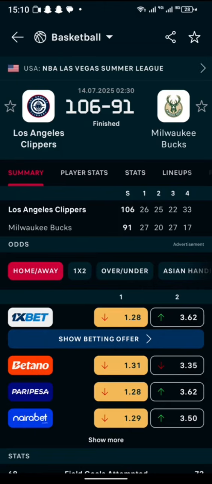So if at the end of the match, none of the quarters have 60 points, if 2 quarters do not have the same points, you will win. You will win, guys. So that's how the under 1.5 is.